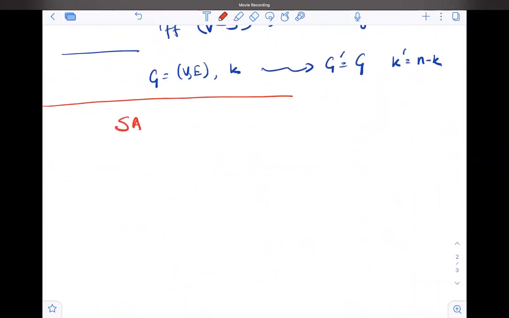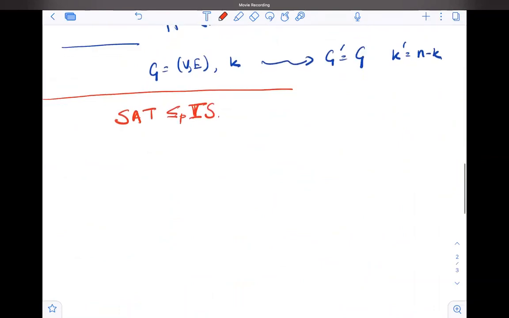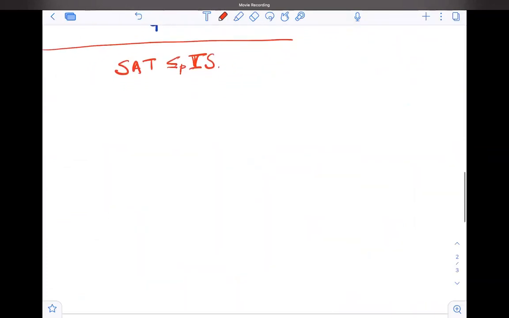Okay. Now, what about this one? SAT is less than vertex cover. Sorry, independent set. Now, this is again not too hard, by the way, but this requires some kind of gadget construction. So you remember when we did that graph, in some sense the graphs are the same, basically. But more importantly, you could have used the same kind of reduction to see what happens.